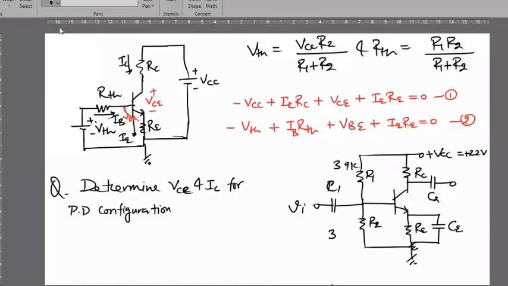RC is given as 10 kilo ohm, and RE is given as 1.5 kilo ohm. Okay, and this is 10 picofarad, this is 10 microfarad, here this is 50 microfarad. Okay, solve.